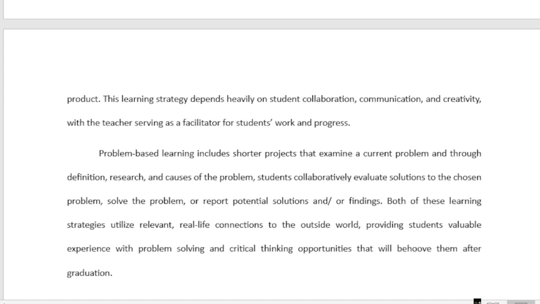Both of these learning strategies utilize relevant real life connections to the outside world, providing students valuable experience with problem solving and critical thinking opportunities that will behoove them after graduation.